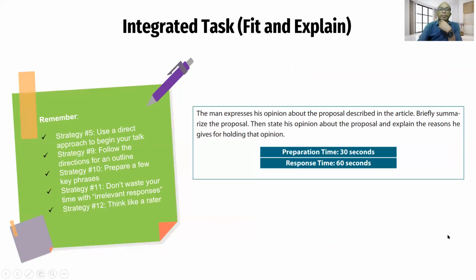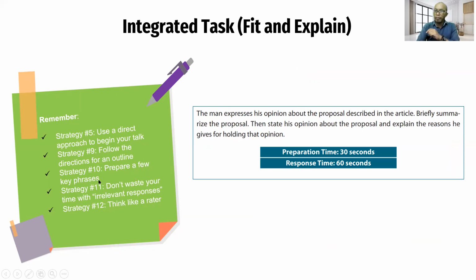Now listen. All right, so now you will have your preparation time for 30 seconds before you respond for 60 seconds. Don't forget to apply the strategies. Use a direct approach. Follow the outline in the directions for your response.